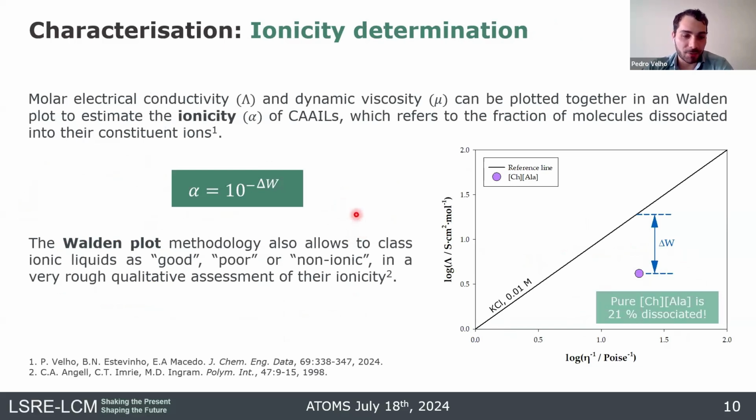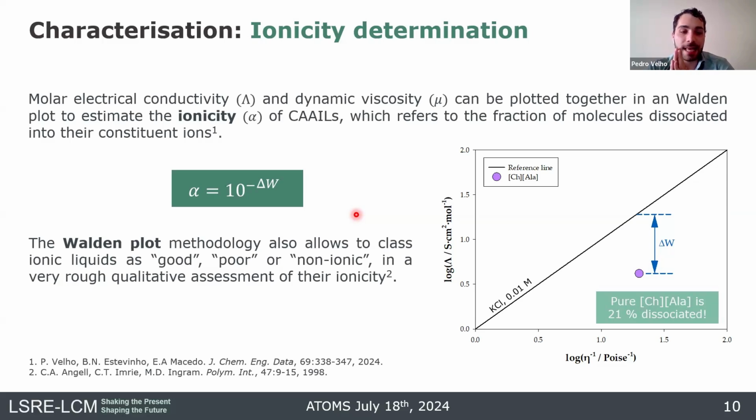Now, we arrive at a very important property which is often ignored in ionic liquids, which is ionicity, or dissociation extent, or degree of dissociation of ionic liquids. They all mean the same. And pretty much ionicity refers to the fraction of the ionic liquid molecules which are dissociated into their constituent ions.